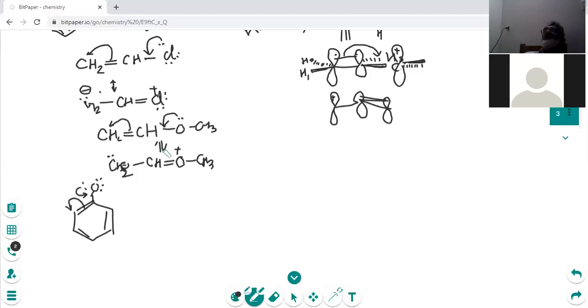Write within 1 minute. All of you write. A double-headed arrow should be shown to show the resonance effect.